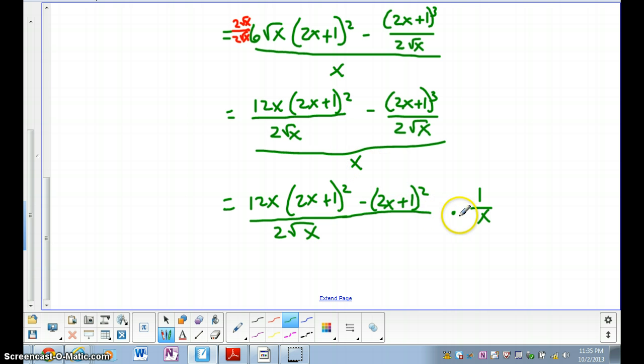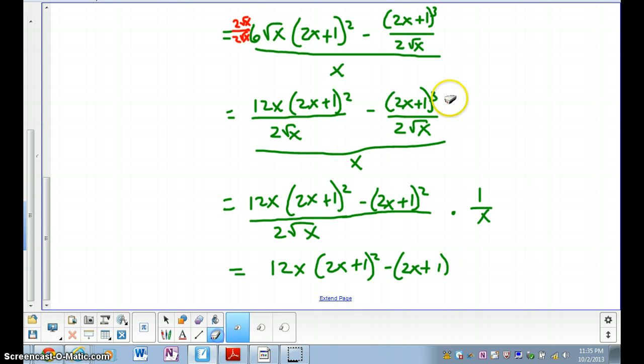Then we multiply by the reciprocal. Oh, just notice this should be a cubed. I mean, it is a cubed here, and it should be one here.